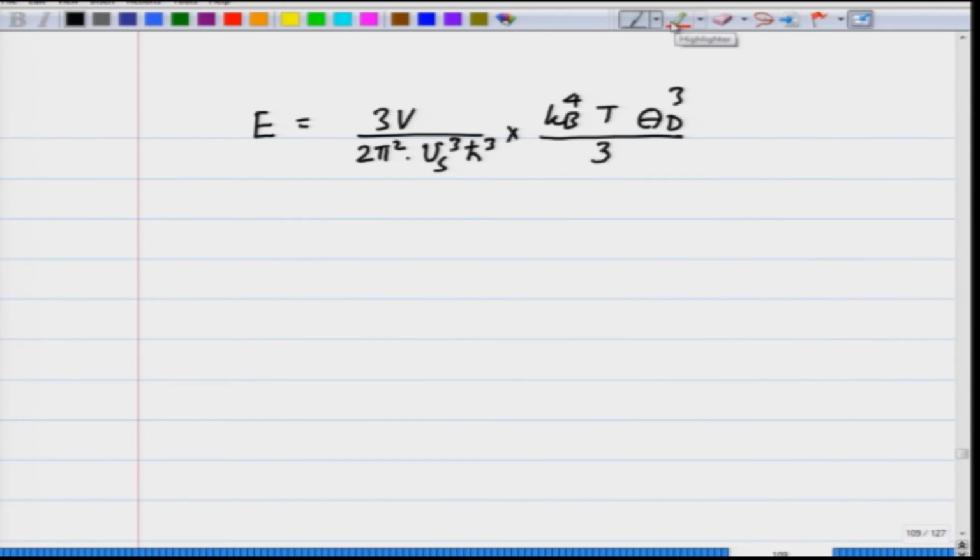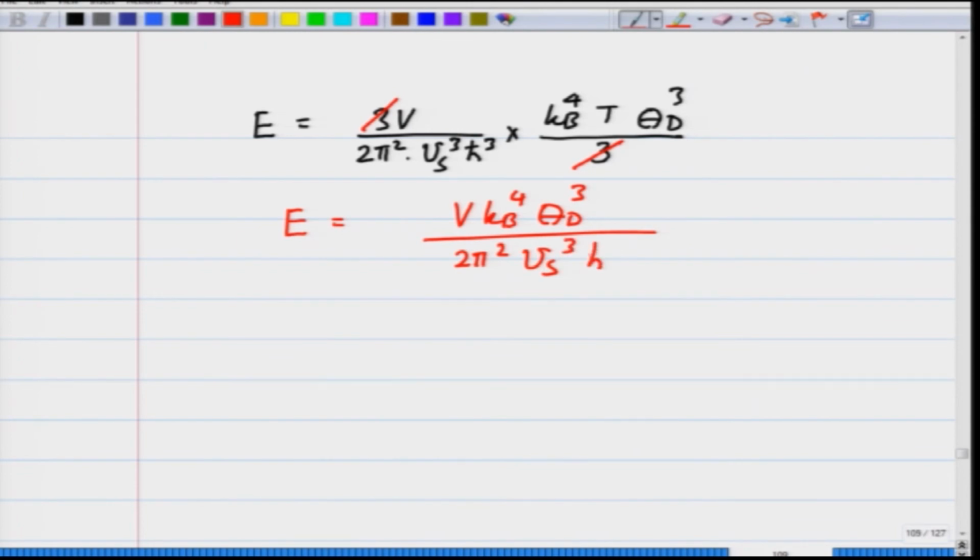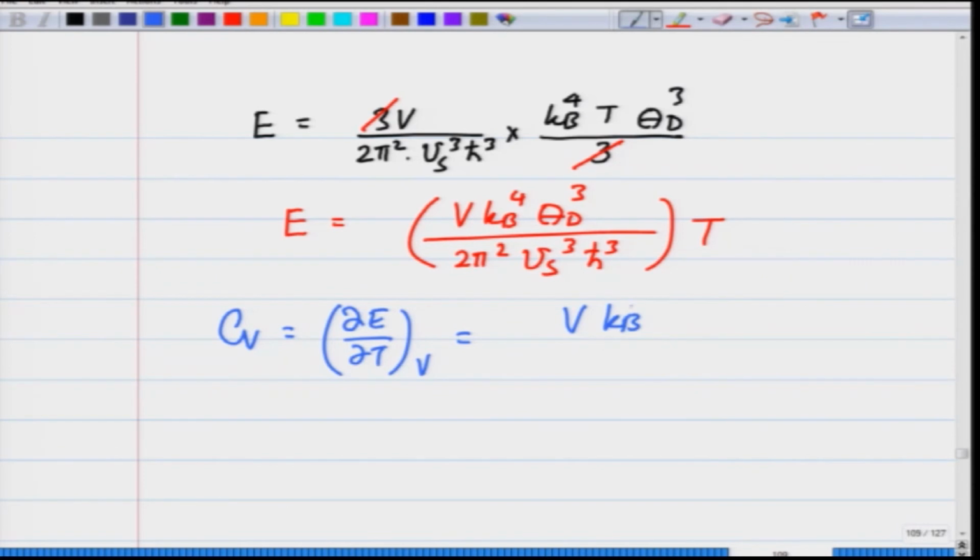Again cancelling this 3, we get total energy equals V k_B raised to 4 theta_D cubed over 2 pi square V_s cubed h cross cubed times T, and therefore, C_V, which is dE/dT at constant volume, is going to be V k_B raised to 4 theta_D cubed over 2 pi square V_s cubed h cross cubed.